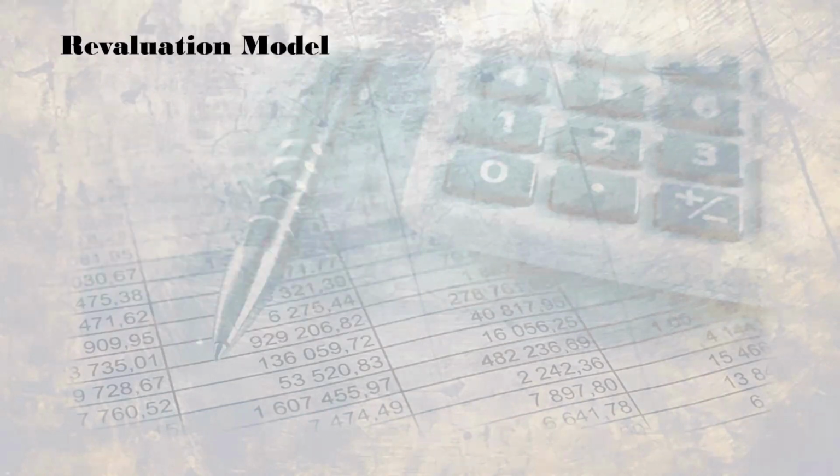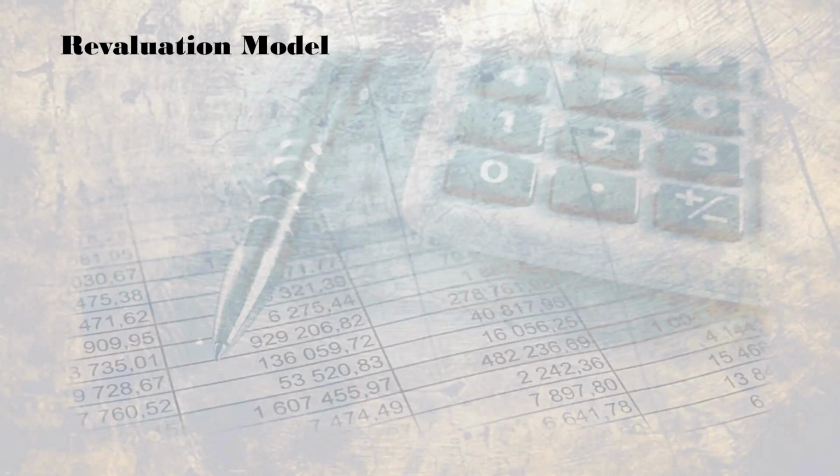Fourth one, revaluation model. Revaluation means, for example, if you have purchased an asset in the business, every year the asset value will decrease due to its performance. The value at the start of purchase will be more, but year by year the value comes down. That is called the revaluation method.